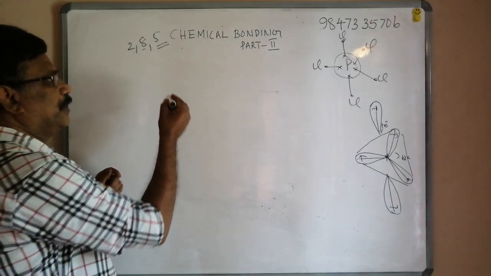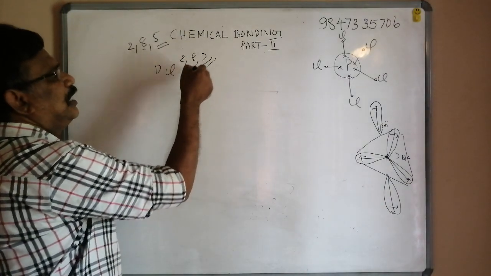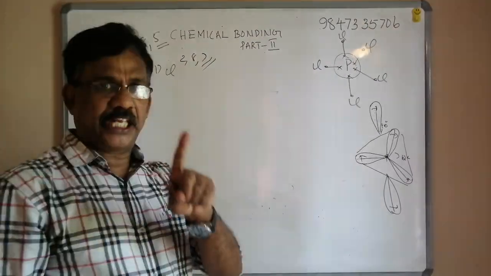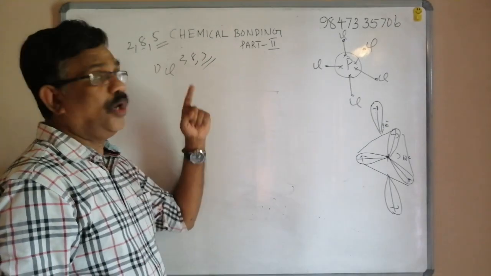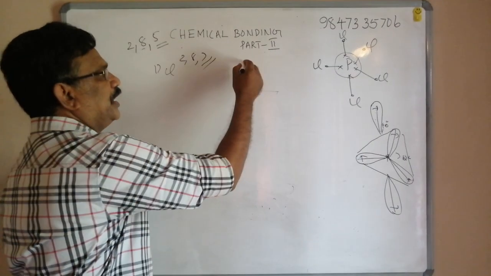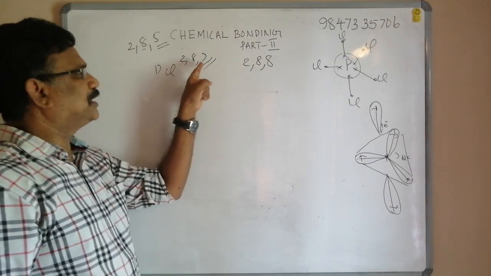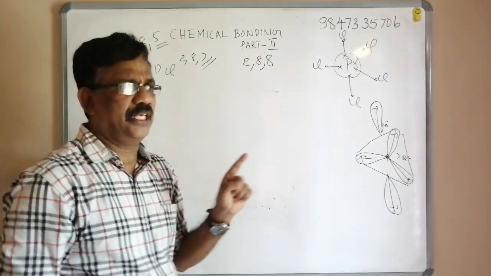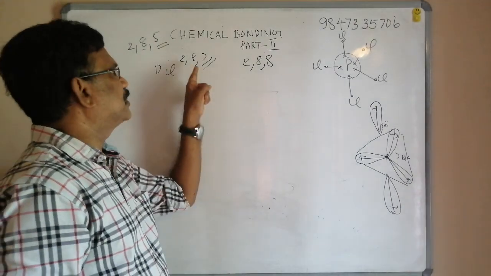Chlorine has atomic number 17, configuration 2, 8, 7, outermost shell 7 electrons, a shortage of 1 electron to achieve the stable noble gas, argon-like configuration. What is the configuration of argon? 2, 8, 8. Not only chlorine, all halogens have a shortage of 1 electron to achieve stable noble gas configuration.